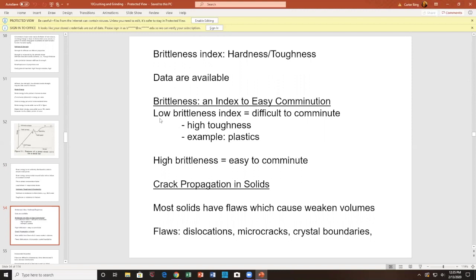Something with a low brittleness index is difficult to comminute. A high toughness example would be plastics. Plastics do not have hardness to them, but they are tough. So high brittleness is an indication it's easy to break.